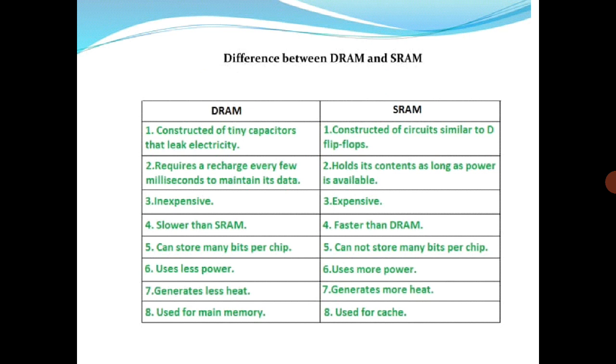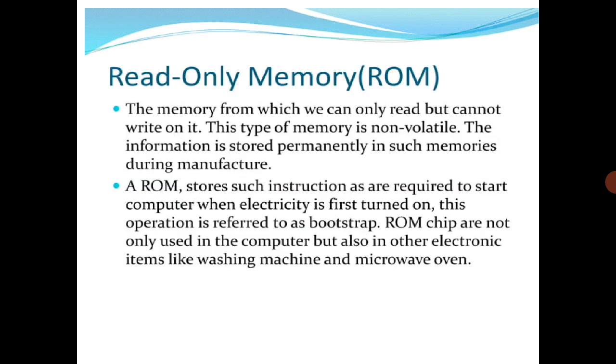Dynamic RAM is inexpensive and slower, while static RAM is expensive and faster. Dynamic RAM can store many bits per chip, but static RAM cannot. Dynamic RAM uses less power and generates less heat, and static RAM uses more power and generates more heat. Dynamic RAM is used for main memory, and static RAM is used for cache memory.